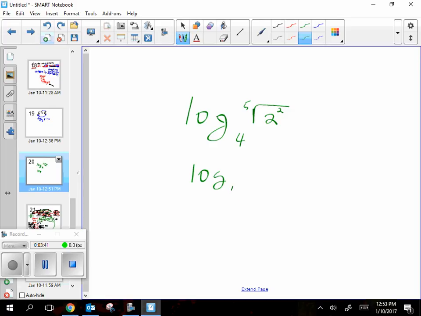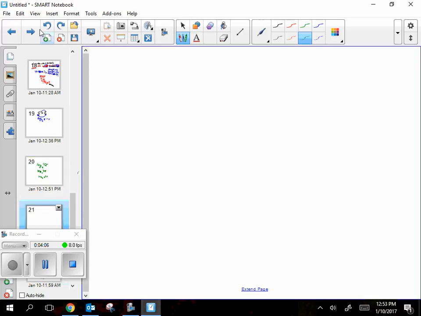Log base 4 of the 5th root of 4, isn't that really 4 to the 1/5? And isn't log base 4 of 4 to the 1/5 the same thing? Remember, the roots go on the bottom of your little fraction power. Okay, so what's the answer to that one? 1/5.